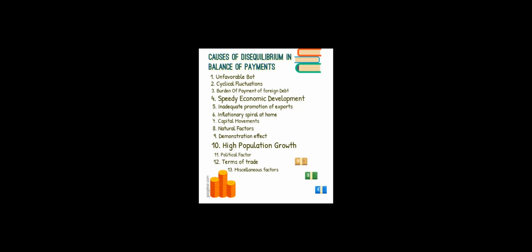The next cause of disequilibrium in the balance of payment is the burden of payment of foreign debt. Another reason for surplus or deficit in the balance of payment may arise out of international borrowings and investments.